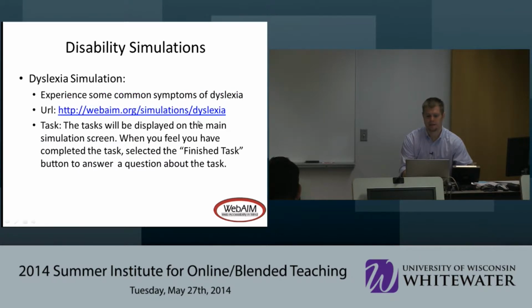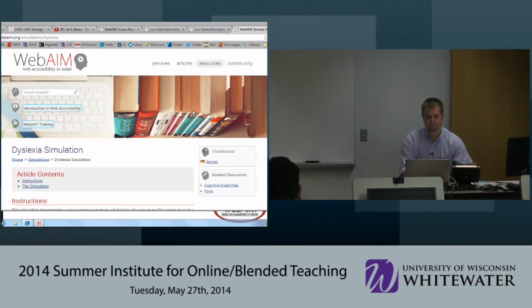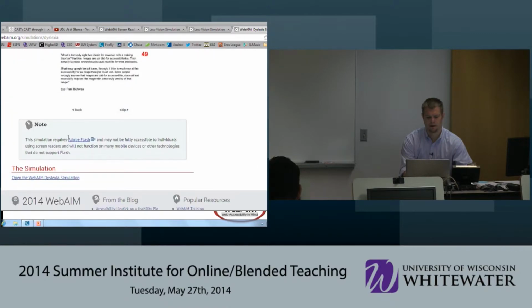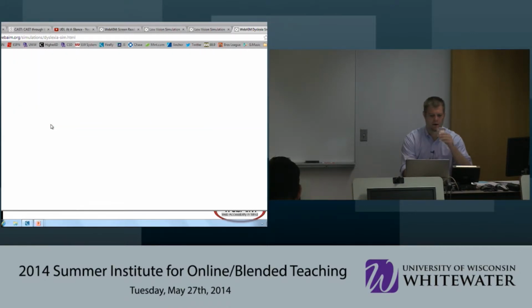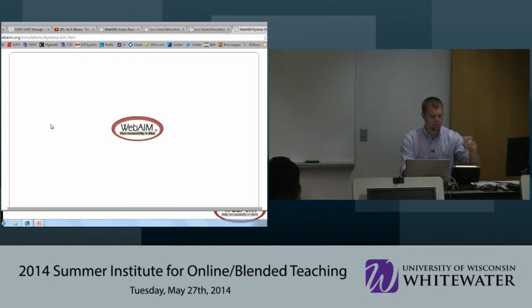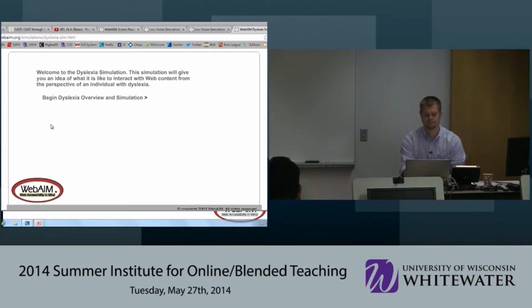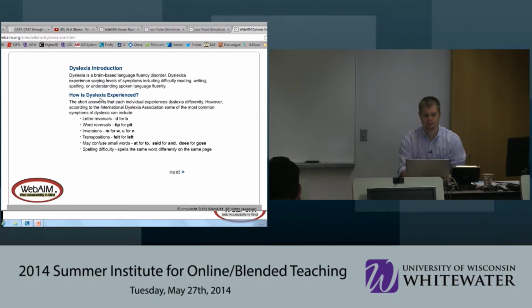So here's the dyslexia simulation. This explains how dyslexia is experienced: letter reversal, word reversal. Someone may see the word tip but read it as pit.